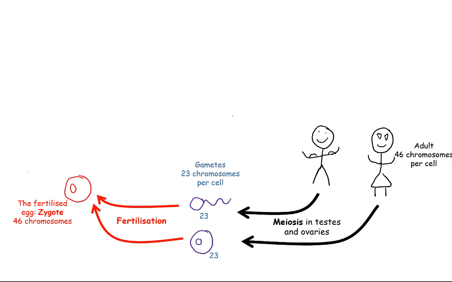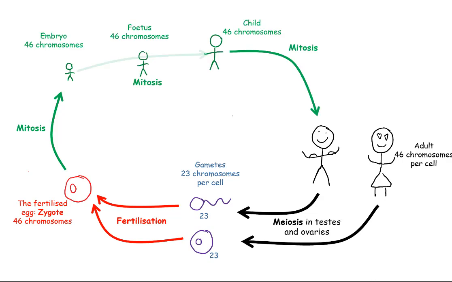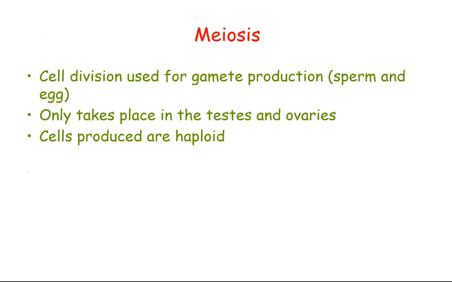This forms a zygote, which has 46 chromosomes, and that's the first cell of the new person. Mitosis then takes place, and they'll grow up into an embryo. Mitosis continually happens until they form a fetus, and then they'll form a child. And mitosis takes place for the purposes of growth and repair, and the child will grow up into an adult. And that was the human life cycle.